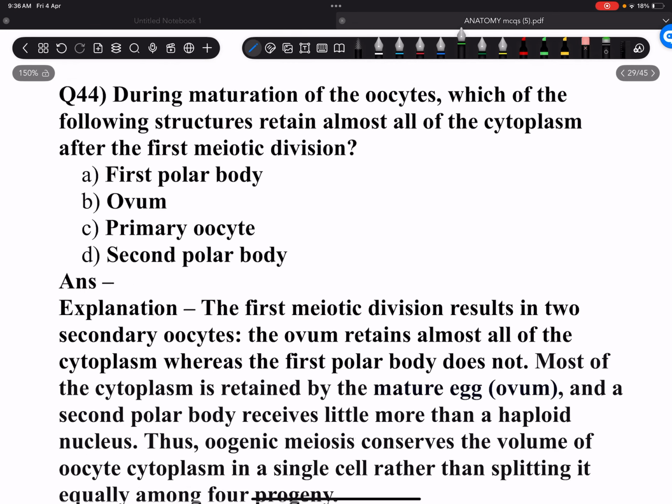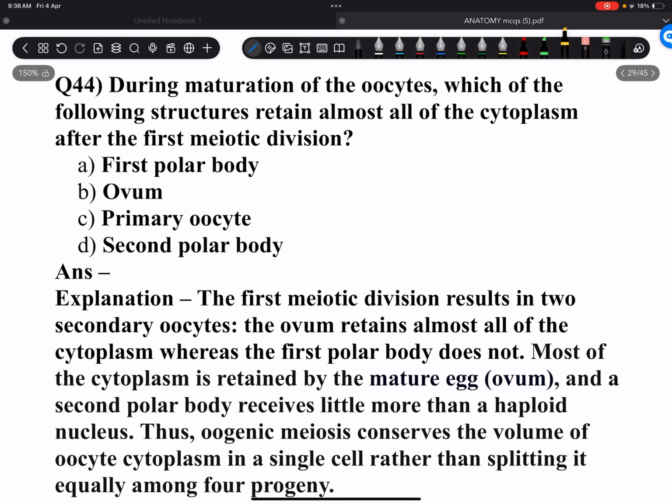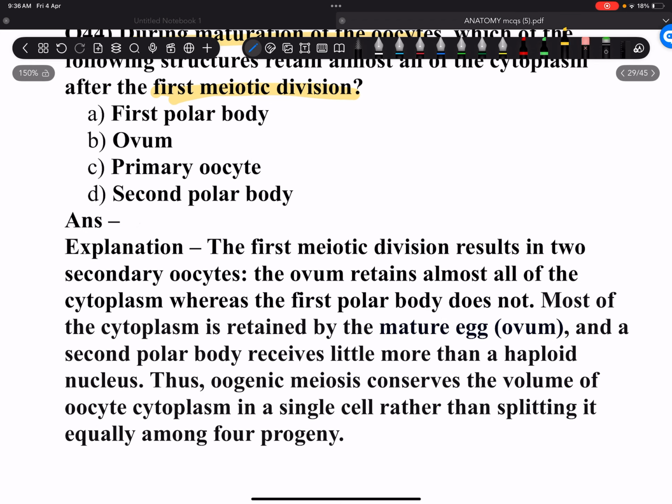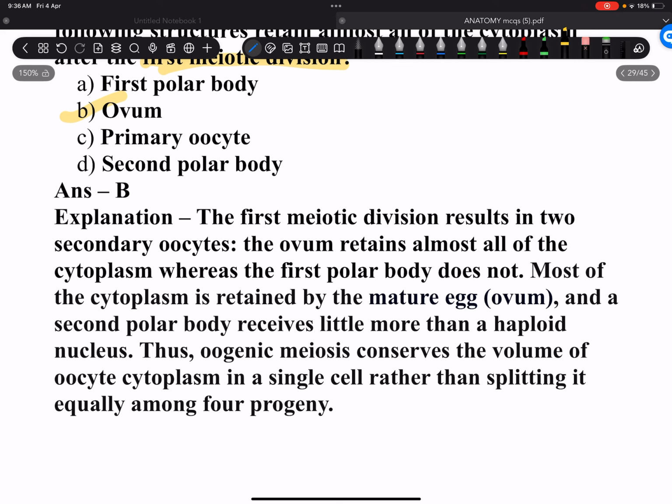Now let's come to another question. During maturation of the oocytes, which of the following structures retains almost all of the cytoplasm after the first meiotic division? So what would be the answer? Yeah, ovum. The first meiotic division results in a secondary oocyte and a first polar body.